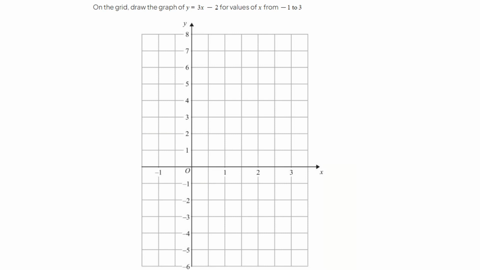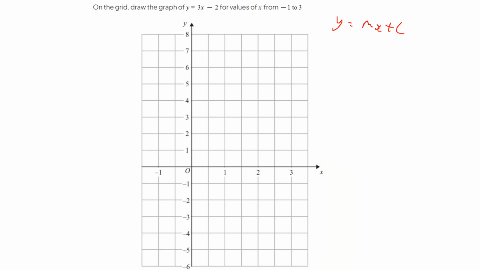On this grid, draw a graph of y equals 3x minus 2 for values of x from minus 1 to 3. What we can do first and foremost is understand what y equals mx plus c is.